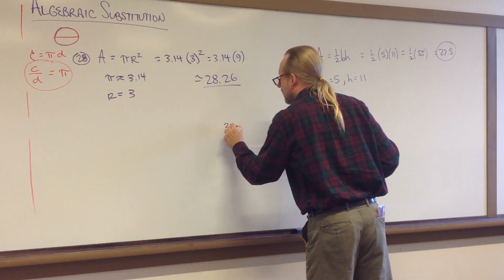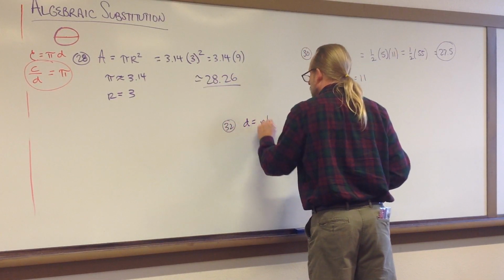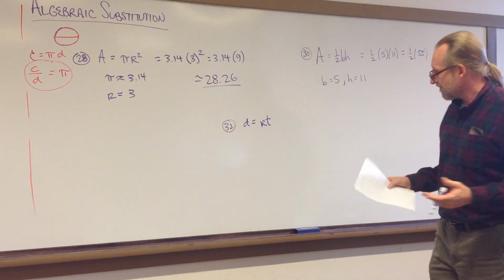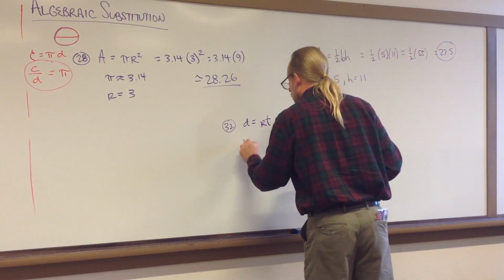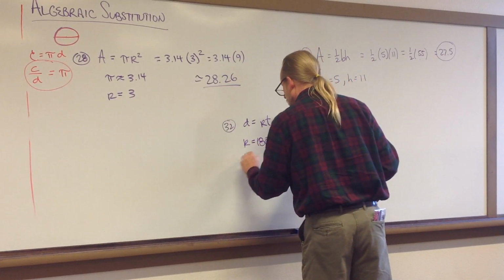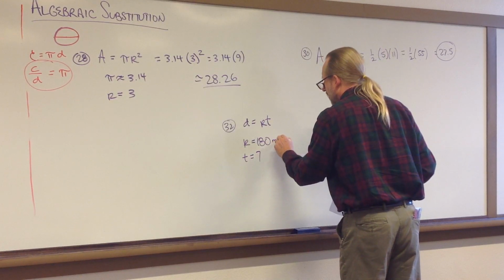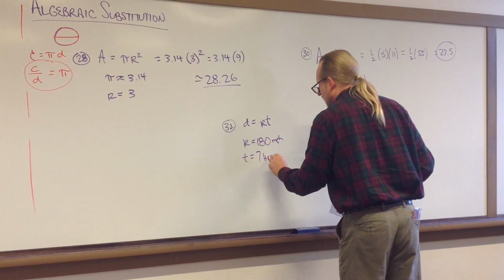And then the last one on here, problem 32, this says distance equals rate times time, where our rate is 180 and the time is 7. So let's say this is miles per hour and this one is 7 hours.